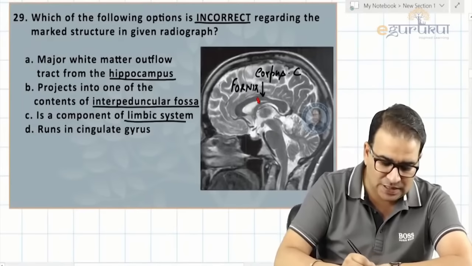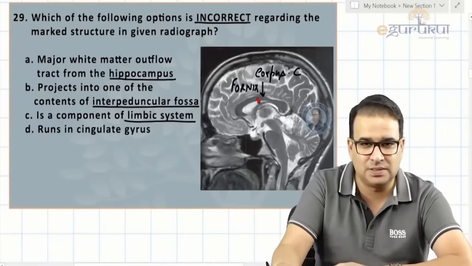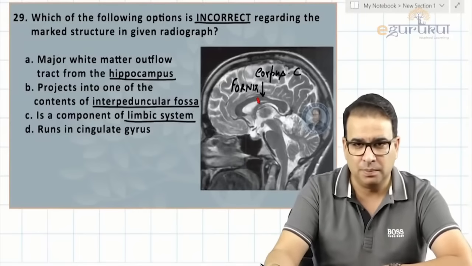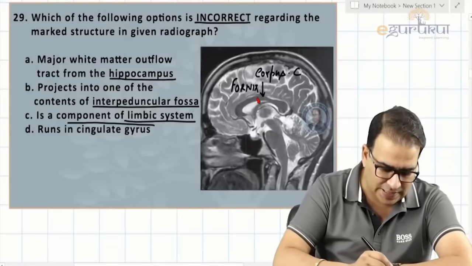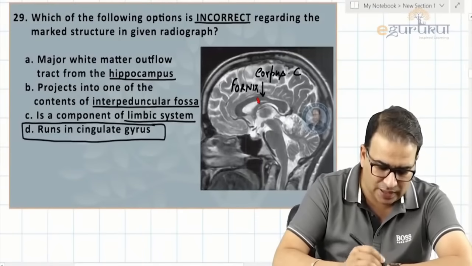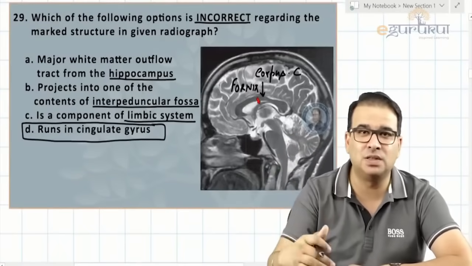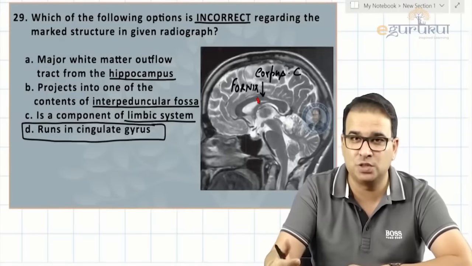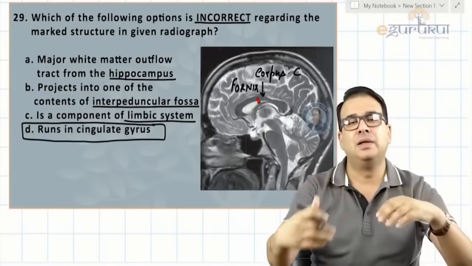Is it a component of the limbic system? Sure it is. One of the main components of the limbic system is the fornix. Hippocampus and fornix are all part of the limbic system. And then it says it runs in the cingulate gyrus, which we already justified is not correct. The ones running in or deep to the cingulate gyrus were the cingulum fibers, which were association fibers connecting areas of the limbic system, but running out and around the corpus callosum.